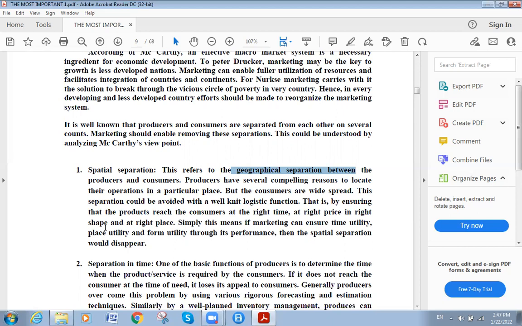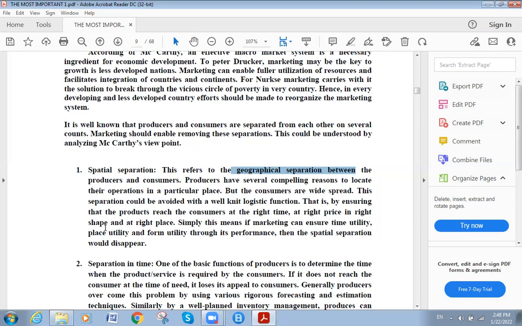What I mean by this, as an example, I'm wearing a shirt made in Hong Kong. I am consuming this shirt here in Canada. So there is a geographical separation between Hong Kong and Canada. There is a very big distance between the two countries.